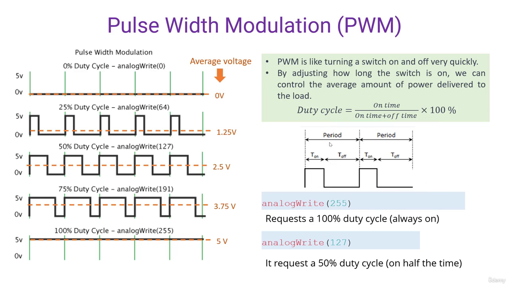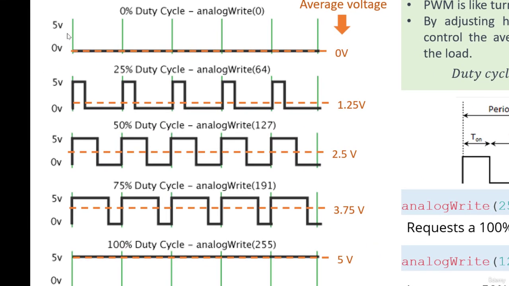Okay, so now let's understand how to get an equivalent average value from PWM. Let's say we have a 5-volt source. If you want to obtain 0 volt, you need to apply a 0% duty cycle. That means the pulse will remain at 0 level, there will be no pulse. At that time you will obtain 0 volt. If you want to obtain the full 5 volt, we'll keep the output at 5 volt and there will be a 100% duty cycle.